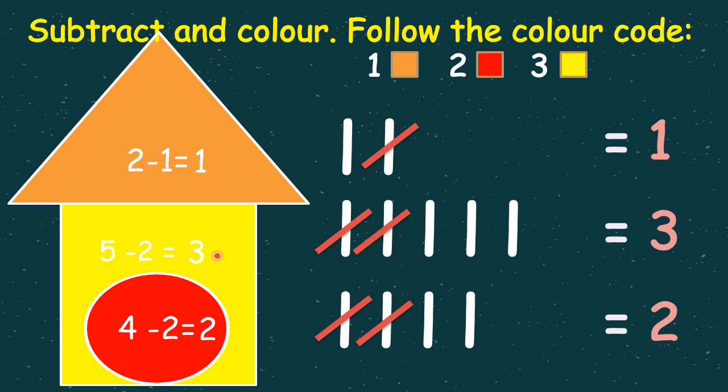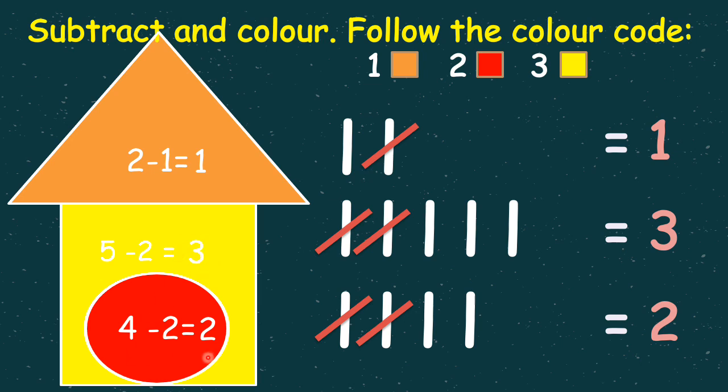How many? 1, 2. So out of 5 fingers, if you close 2 fingers, how many fingers are still open? Yes, you have 3 fingers which are still open. So then you count the number of fingers and you write the answer.